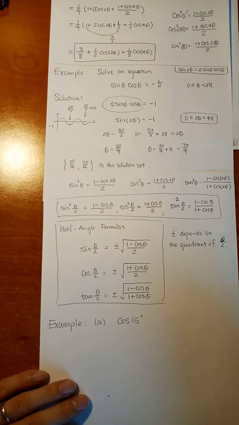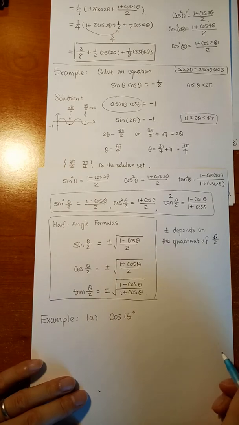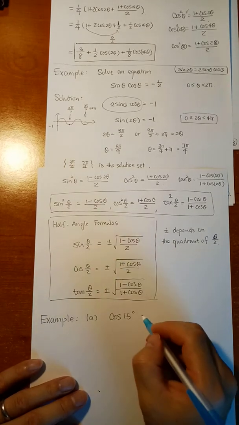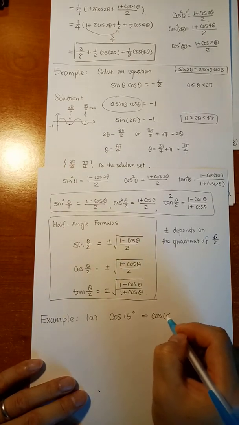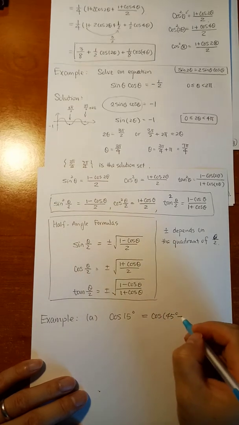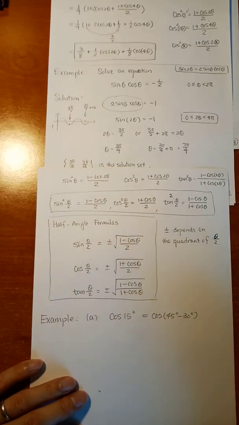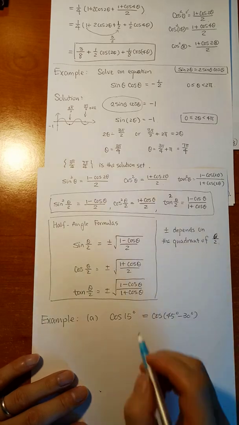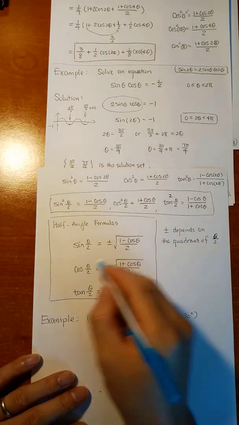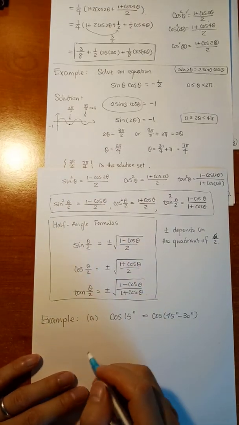Cosine 15 degrees. Last time, after we studied the sum and the difference formulas, we did the following computation. We consider 15 degrees as 45 degrees minus 30 degrees. And this time, let's try to apply this half angle formula.